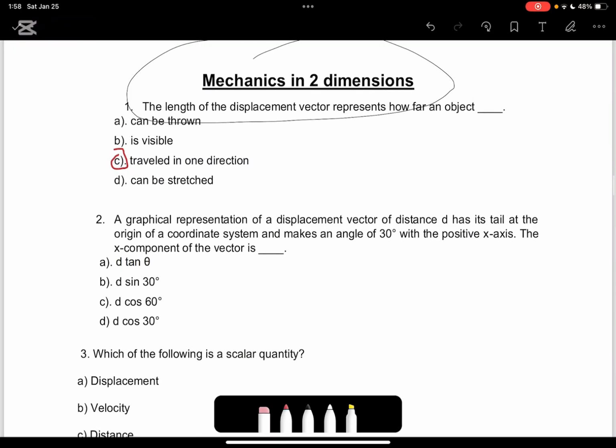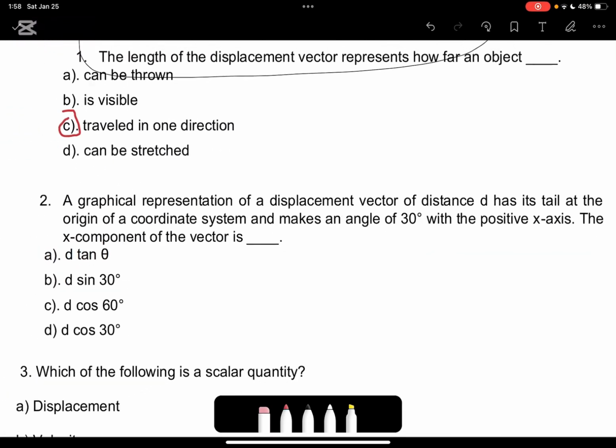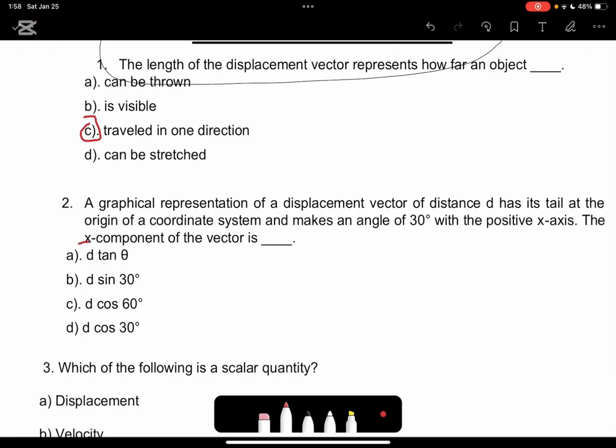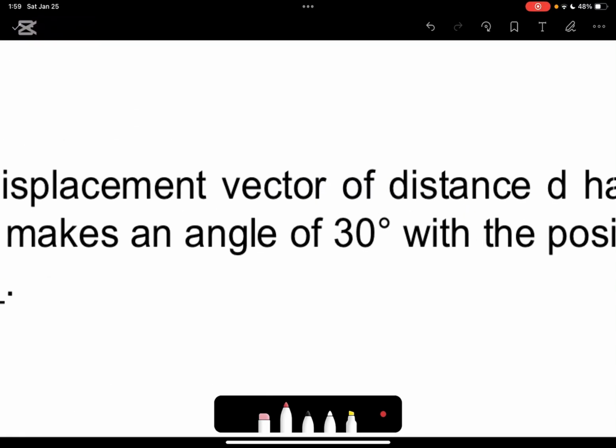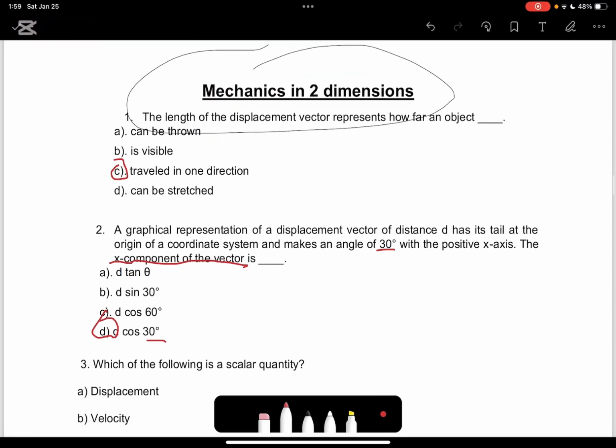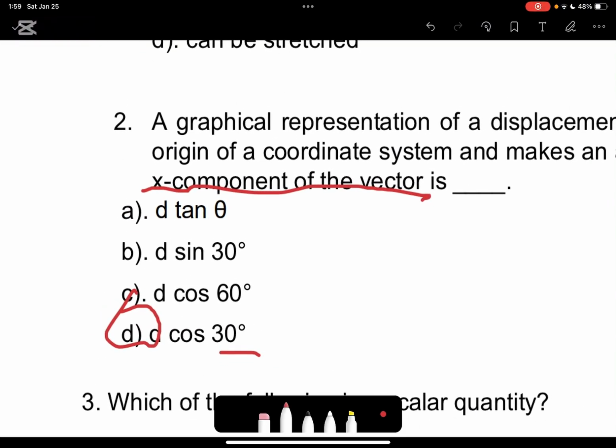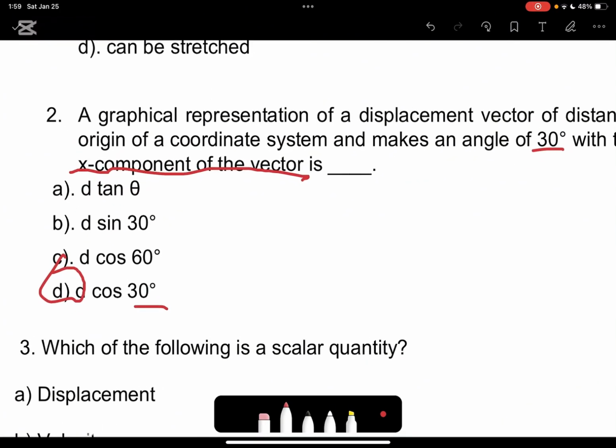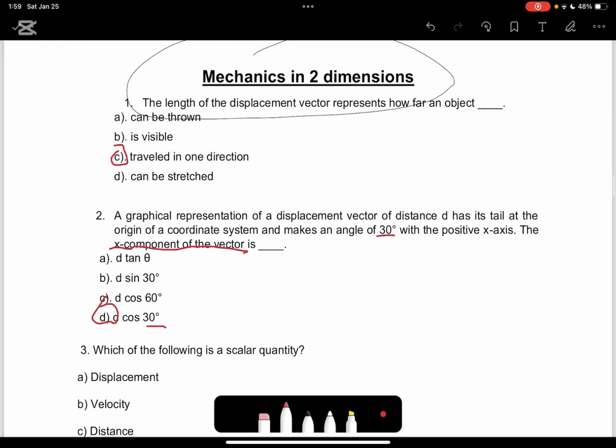As we said, if you want to find the x component, it's going to be d cos 30, and why 30? Because the angle of 30 is over here. So d is the vector, d cosine 30 degrees.